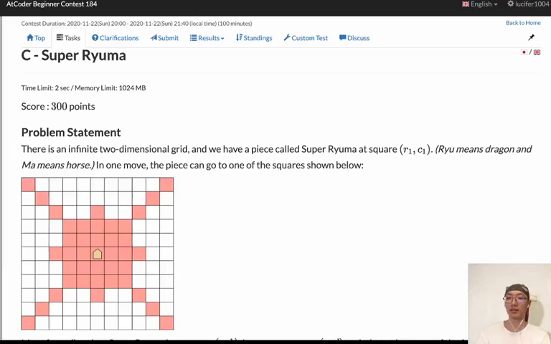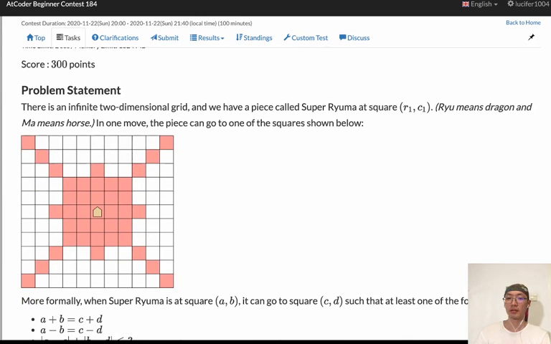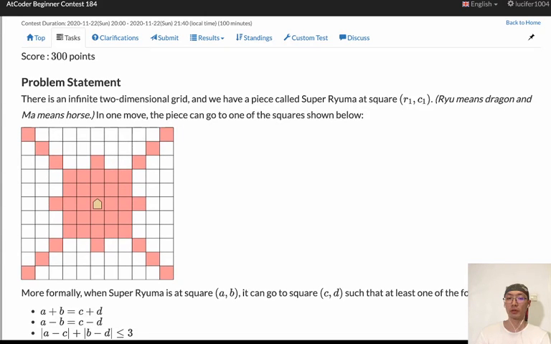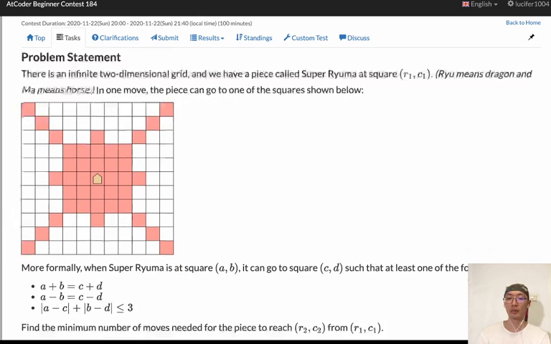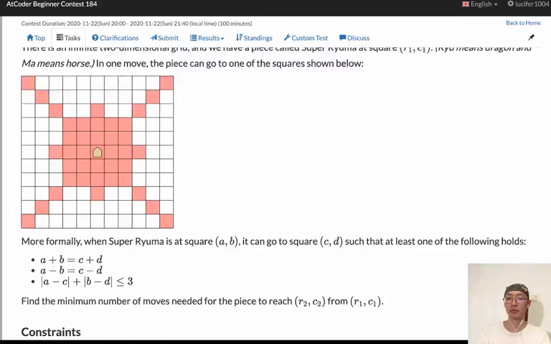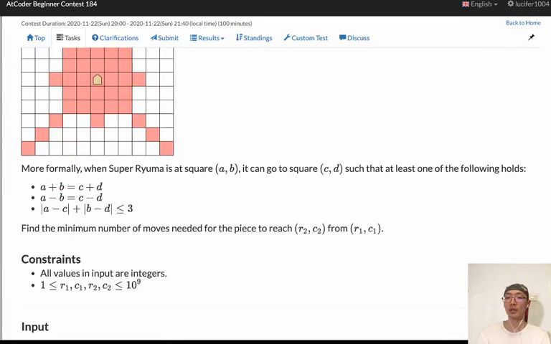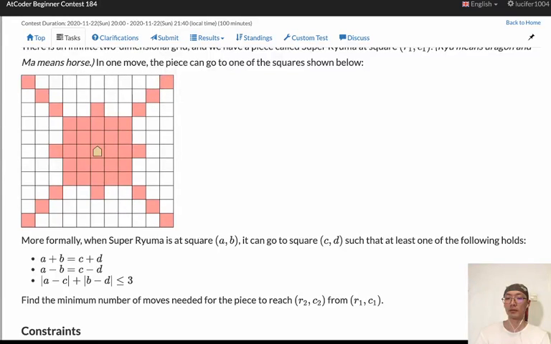Now let's start from problem C. So we have an infinite two-dimensional grid, and we want to go from (R1, C1) to (R2, C2). We have three types of moves.